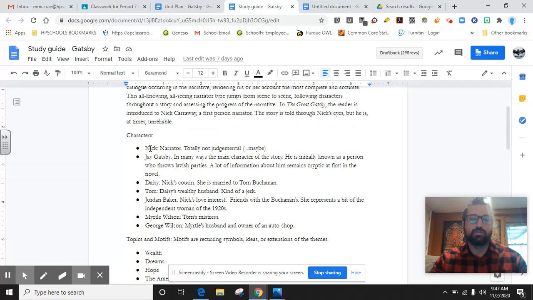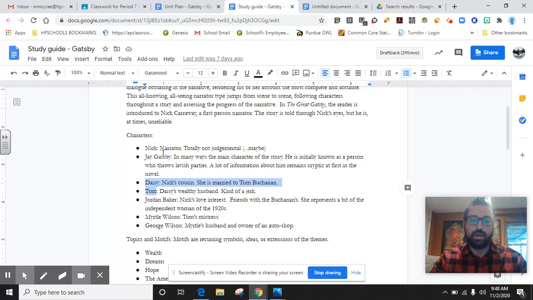But we see everything through his eyes. He is the cousin of Daisy and Tom. He decides to go to New York to start a career in the bond business. He leaves Minnesota country to come to New York. He also served in the war. Sounds familiar, right? Sounds a lot like F. Scott Fitzgerald's background.